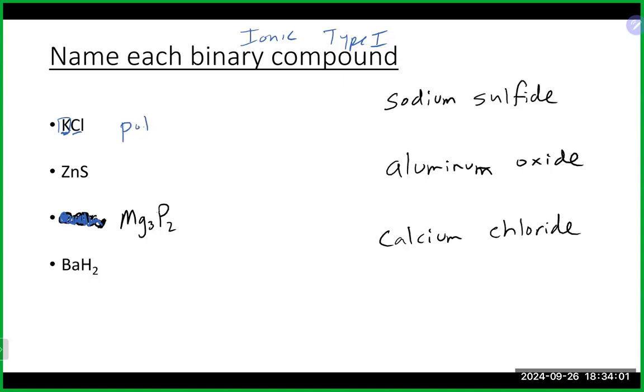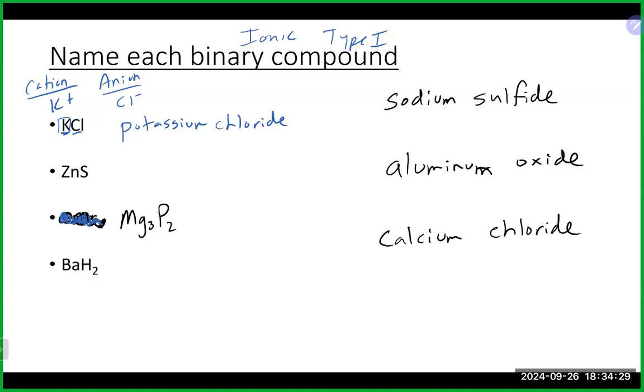This would be potassium. And again, the chlorine would become chloride. This is made up, obviously, of a cation that has a formula of K plus and an anion that has a formula of Cl minus, which again is why we only need one of each of those guys when we put it together. Any questions on that one?